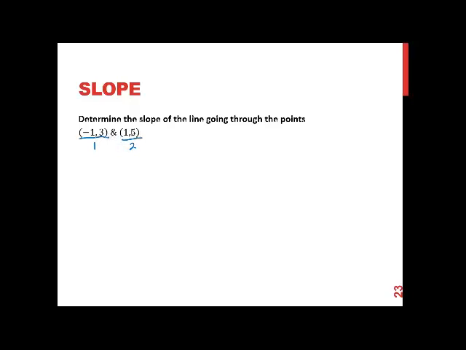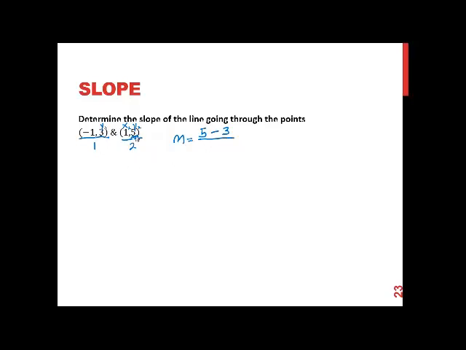Generally I'll look at it and do it in a way such that my subtraction is easy if possible, and I think I'd rather take a 5 minus a 3 in the numerator. So if this is my y2, this is my x2, I'll have 5 minus, what's my other y value? My y1 is the 3.